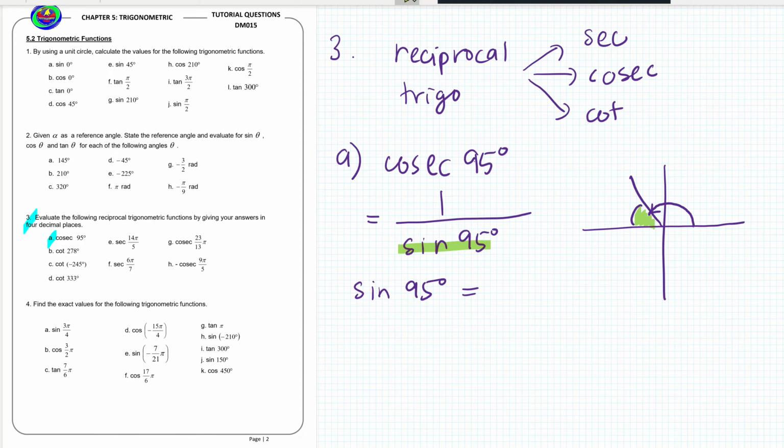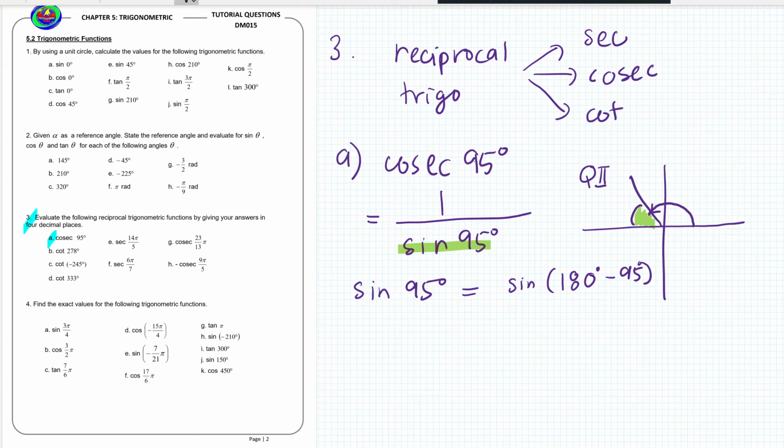Therefore this is equal to sine of 180 minus 95. Then we need to consider the quadrant. This is the second quadrant.